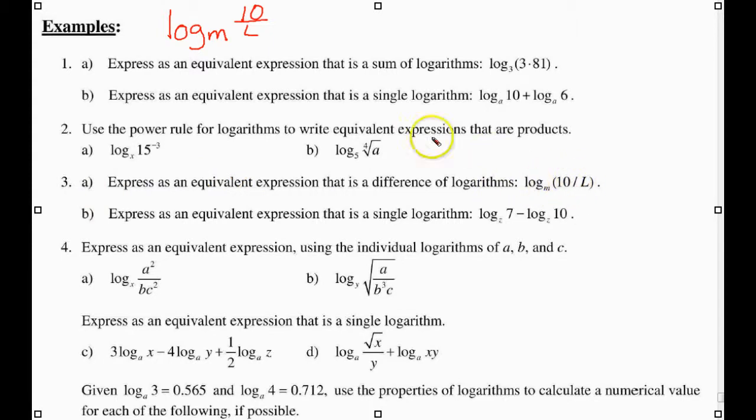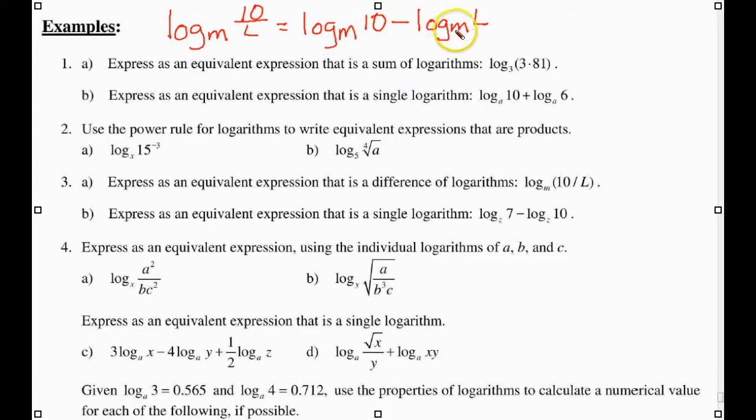Now I don't like it written this way, I like it written this way. So what do we have here? Well, it will be log base m of 10, and then since this is division, we're going to use subtraction, log base m of L. And that is the answer to this one.